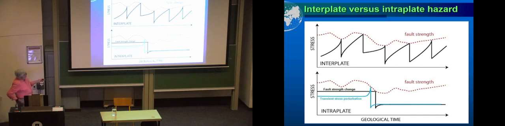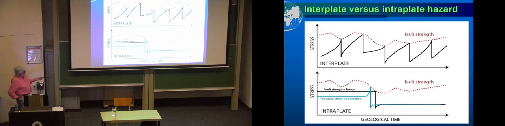And when the stress in that region happens to, or the fault strength happens to hit the stress level in the crust at that time, then you have the earthquake, which drops everything to a much lower level of stress.